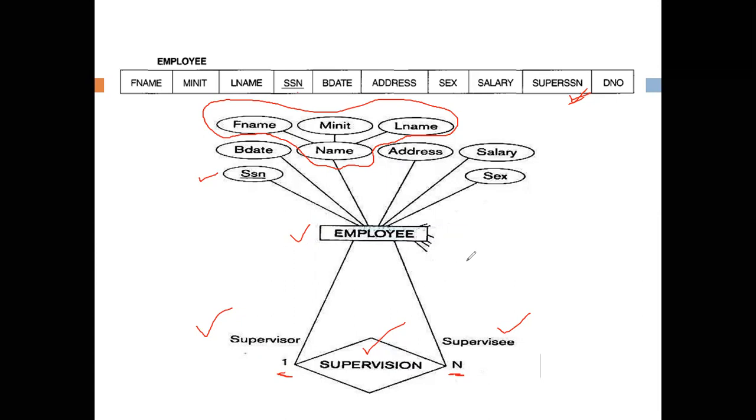Alternatively, for our understanding, we can simply write like this: supervisor is the one role, and the other role is the supervisee.